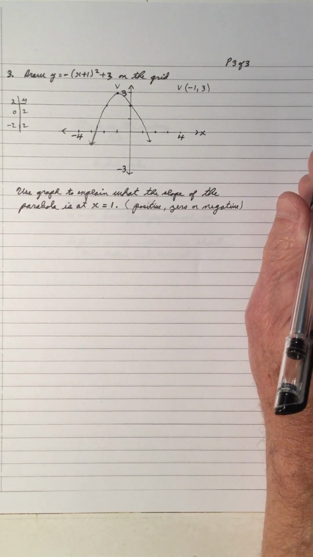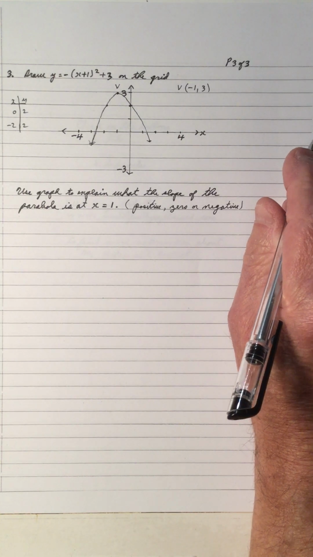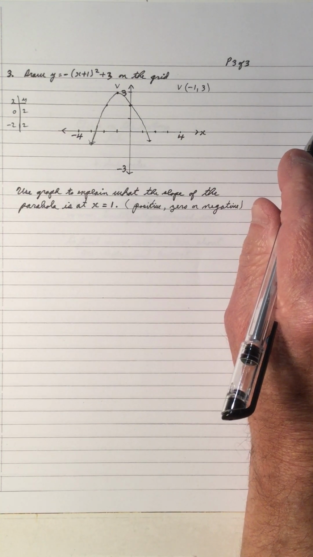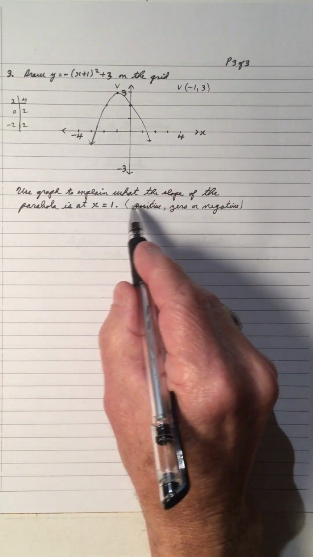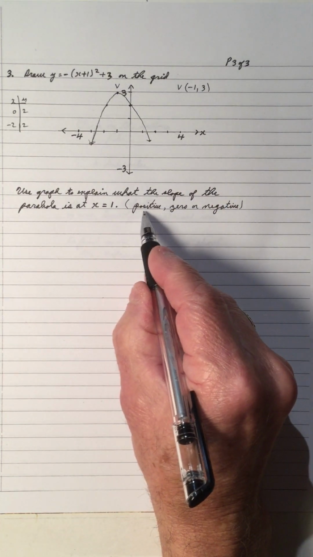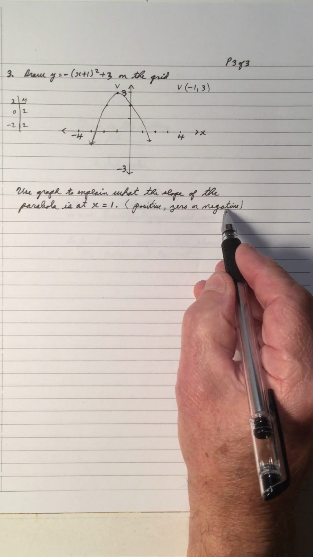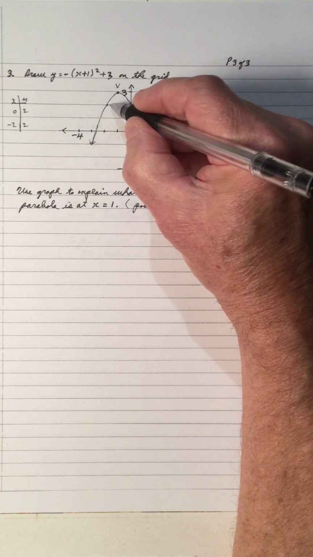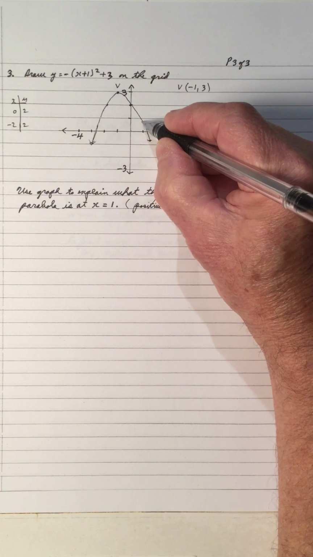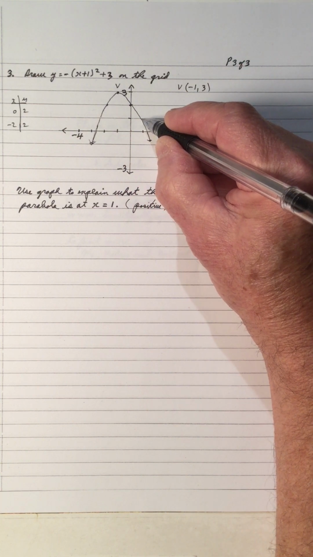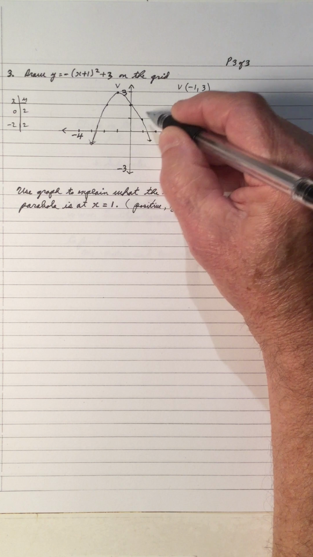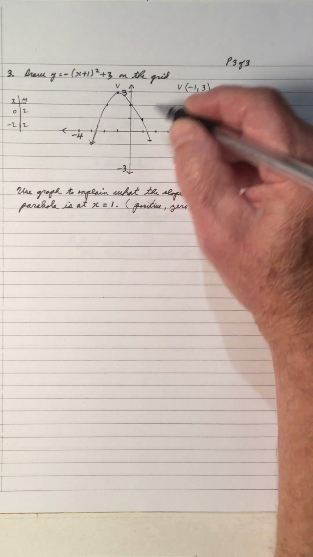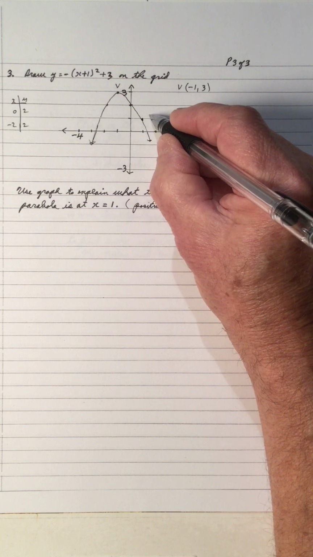When I say what the slope is, I mean is the slope positive, 0, or negative, because we would have to do more math to find out what the slope is at 1. So 1 is approximately right here. So what is the slope of the parabola at x equals 1?